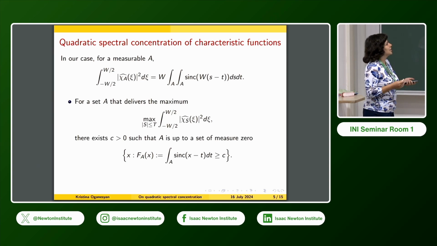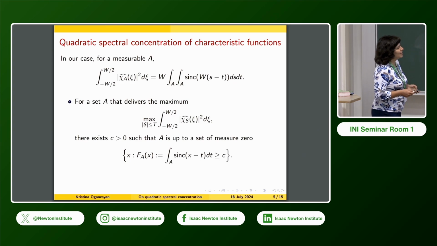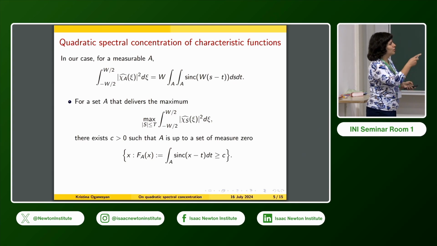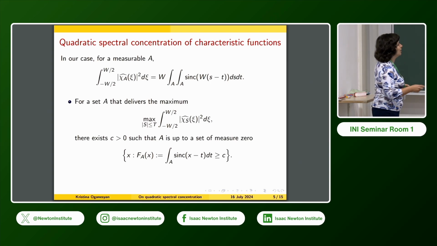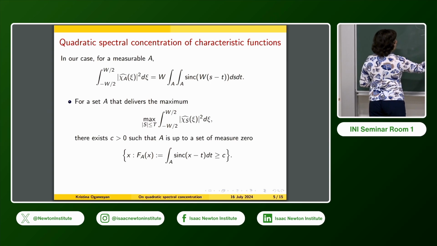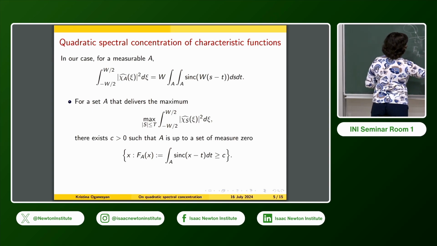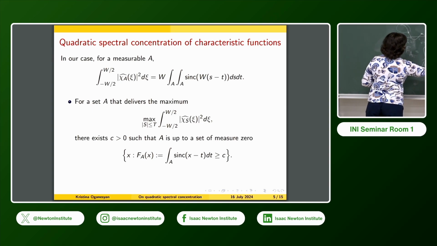If we look at the set that maximizes this quantity here, then it should be a superlevel set of the following function. This function actually depends on your set. So f_A will be the integral over A of sinc(x minus t) dt.